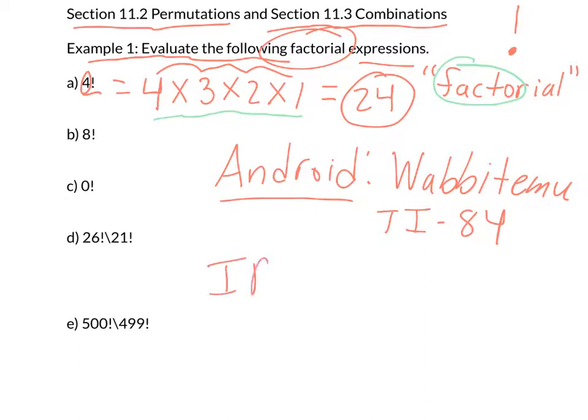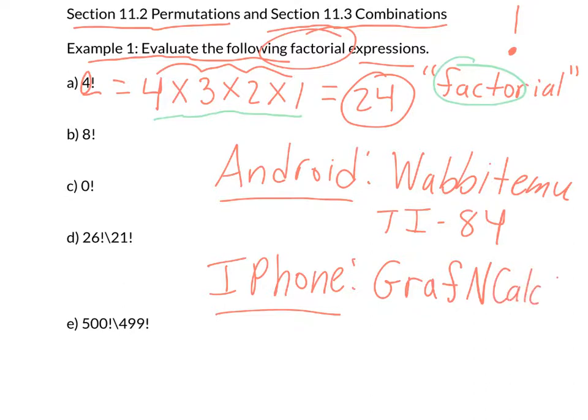For iPhones, it is not free, sadly. It keeps fluctuating in price. The last time I checked, it was $5.99. I have seen it as low as 99 cents, though, some semesters. It's also just one word. It's spelled graph with an F, so graph is actually misspelled: Graph, capital N, calc 83. Graph and calc 83, no spaces.